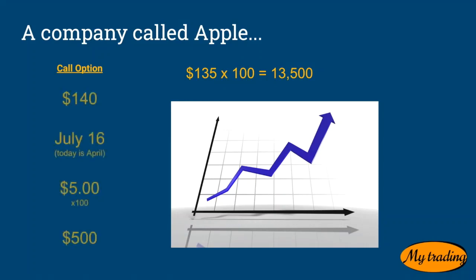It gave us the right to buy the Apple stock, which was then selling for $135, at $140 up until July 16th, about 3 months later, for $5. That was the premium that would have to be paid for that option. $5 times 100 shares is $500. But the key here is that it was the right to buy at 140, which makes it a call option.